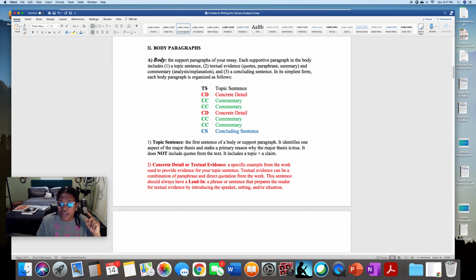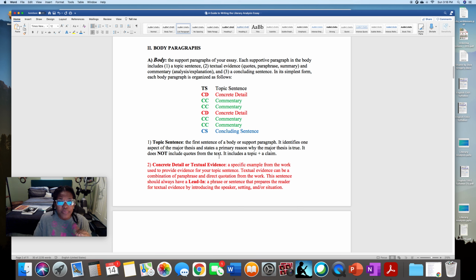It identifies one aspect of your thesis, and it states a primary reason why the thesis is true. It does not, I repeat, not include quotes from the text. Do not put any quotes in your topic sentence. If you are checking over your paper and you're looking at the first sentence of your body paragraph, if it has quotations, you need to start over.